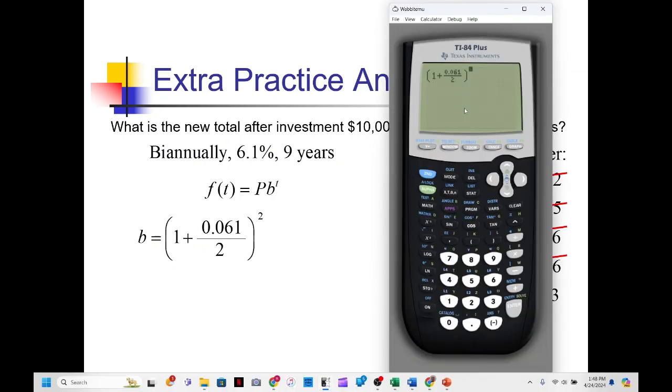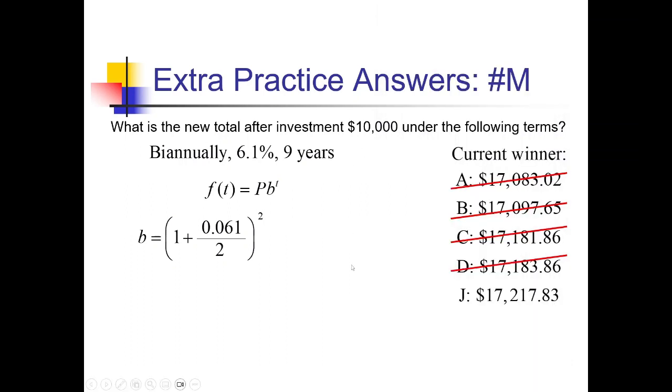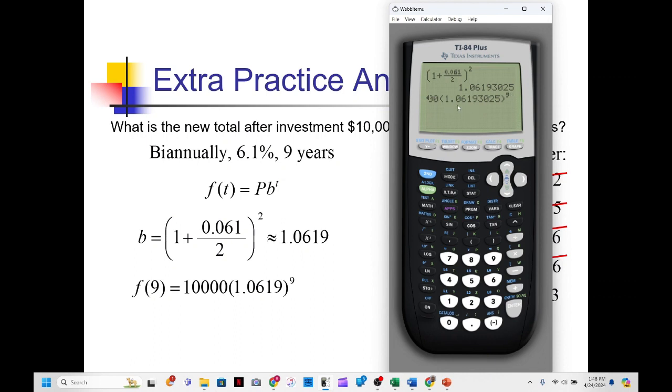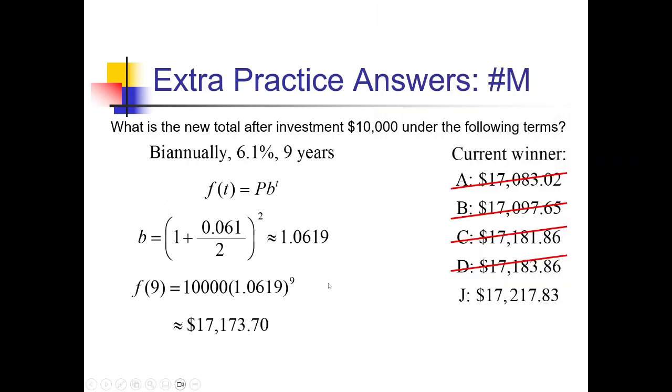And it looks like that's giving me a B value of 1.0619 and some change. So I've got 10,000 times this new B value raised to the 9th power, which on the calculator is giving me $17,173.70, which doesn't come close to beating J, so on we go.